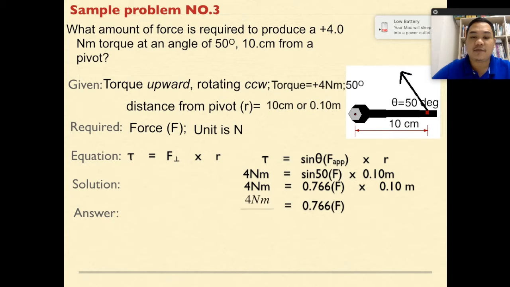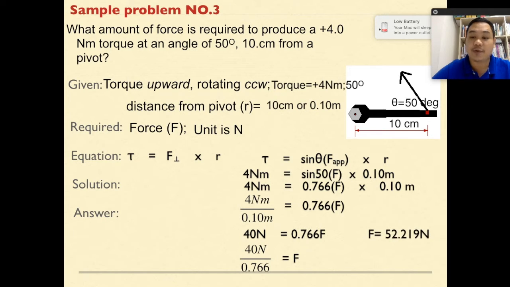And then divide 4 Newton meter by 0.10 meter. And then we could have 40 Newton equals 0.766 multiplied by F. Since we're looking for F, divide both sides by 0.766. And we could have F, which is 52.219 Newton. So our answer in two significant figures is 52 Newton.